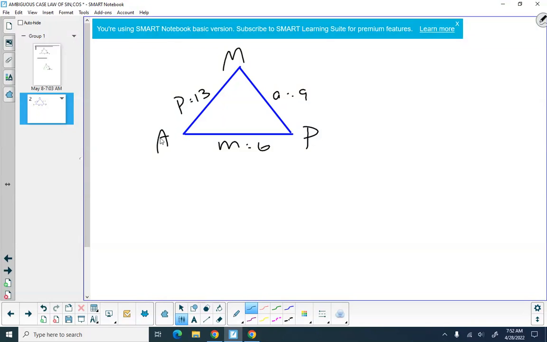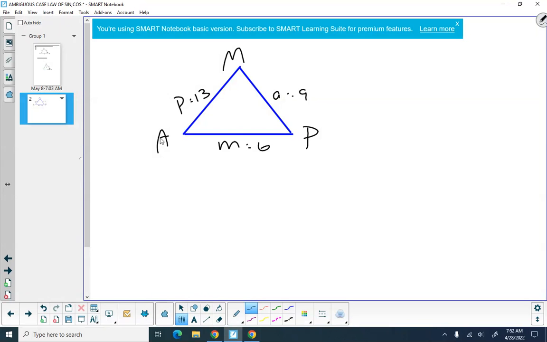If you have an obtuse angle, it's going to occur across from the biggest side, because in a triangle you can only have one obtuse angle.